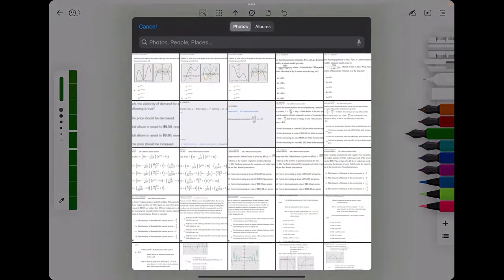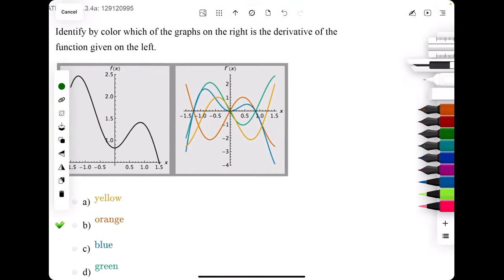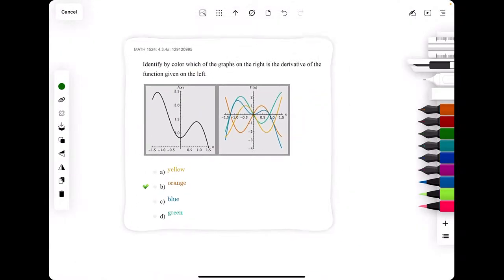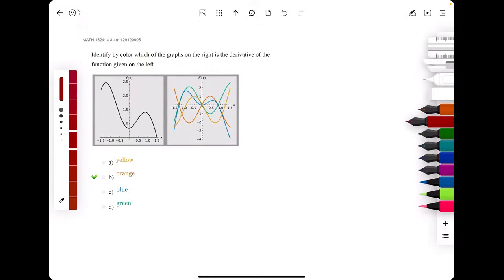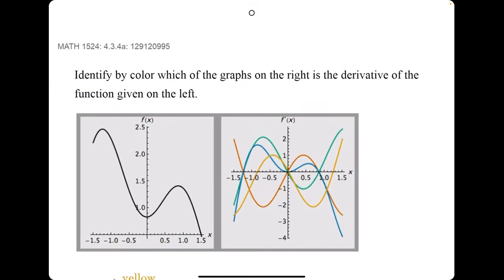All right, let's open these up. Starting with this first one here. What we're given is the function f of x, and the goal is to identify f prime of x. The easiest way to do this one is by looking at the first stretch of f of x and analyzing whether it is increasing or decreasing.